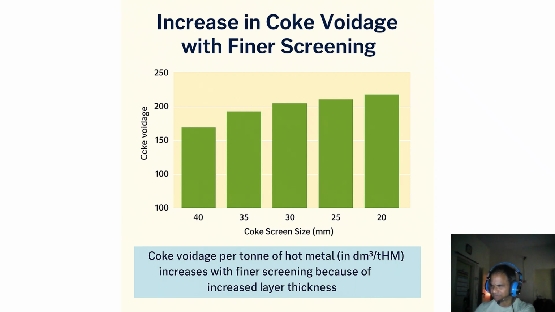If there is no balance of a proper portion of coke, then we have a risk of burden collapse, or we have an erratic descent also, which is detrimental for furnace operation.